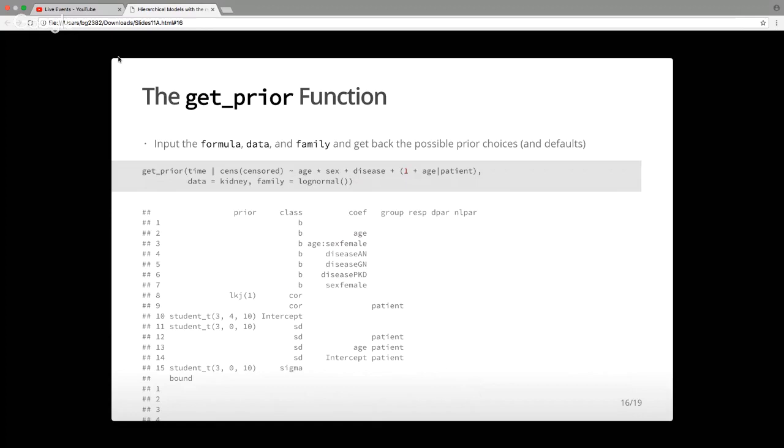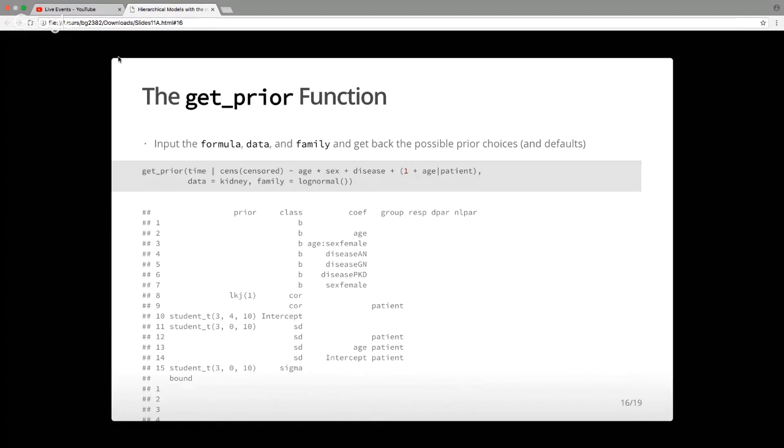They have priors which are Student t with a small degrees of freedom, 3, and also the intercept in this model is going to have a Student t prior as well. There are no bounds, and then the overall standard deviation of the log normal has a sigma parameter that is also going to be Student t.